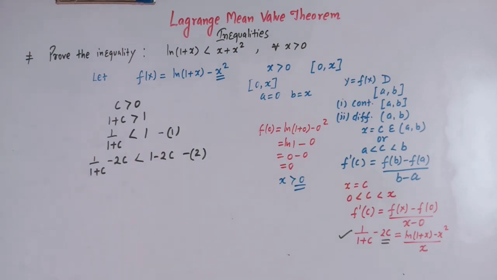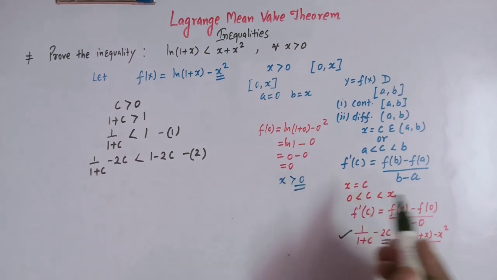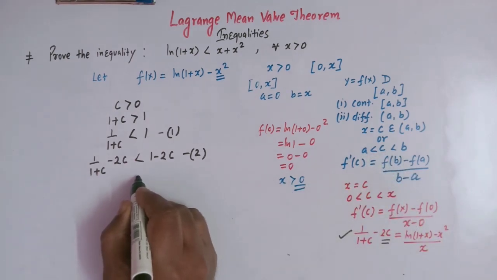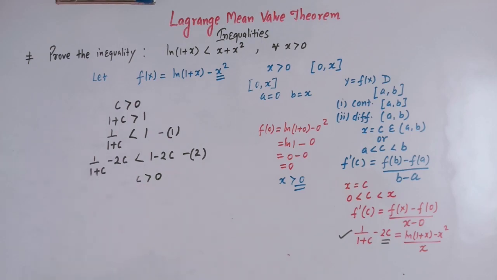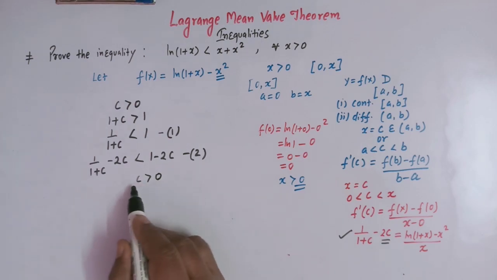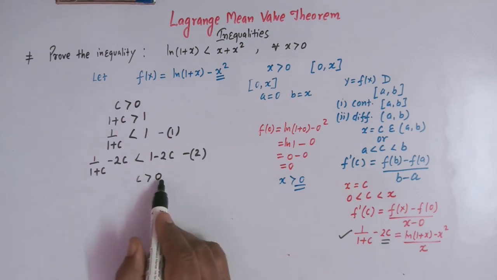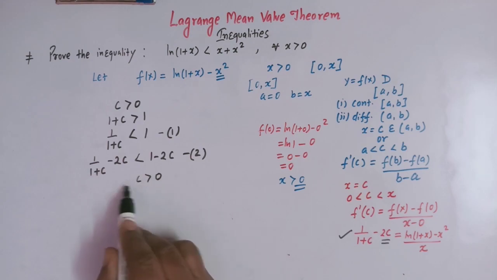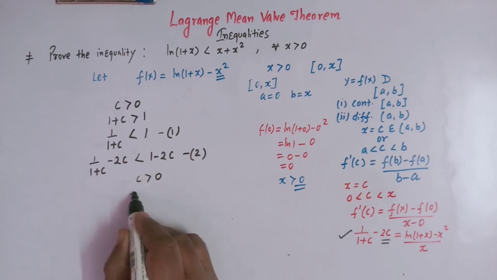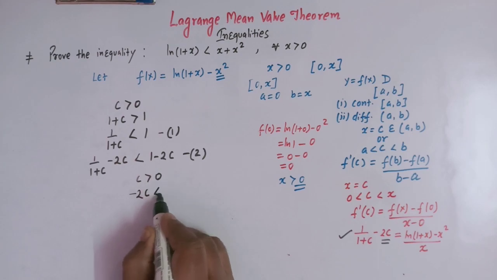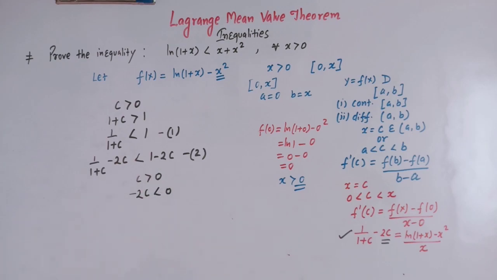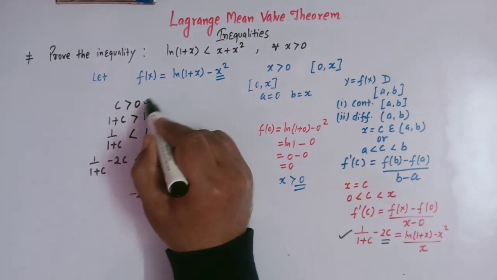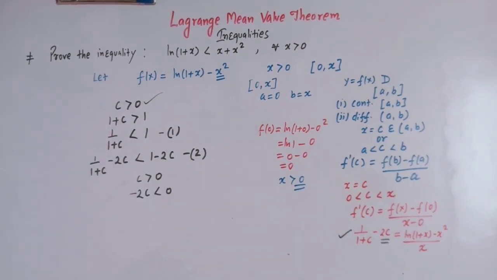Okay, now see we have c is greater than 0, right? So if we multiply both sides by minus 2, then what we will get? We'll get minus 2c is less than 0, right? So we are again taking this inequality, that is c greater than 0.